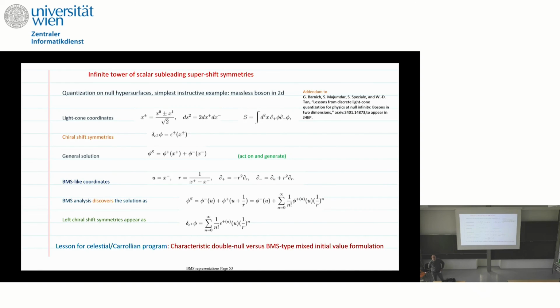I think double null is the best way, but what we try to clarify in this case is what the rules of the Hamiltonian formalism are on a double null setup. What is very strange if you do double null from a Hamiltonian point of view is that this right chiral shift symmetry, which you know by all kinds of arguments is a global symmetry, is generated by a first-class constraint. So you have to understand why first-class constraints can generate global symmetries.